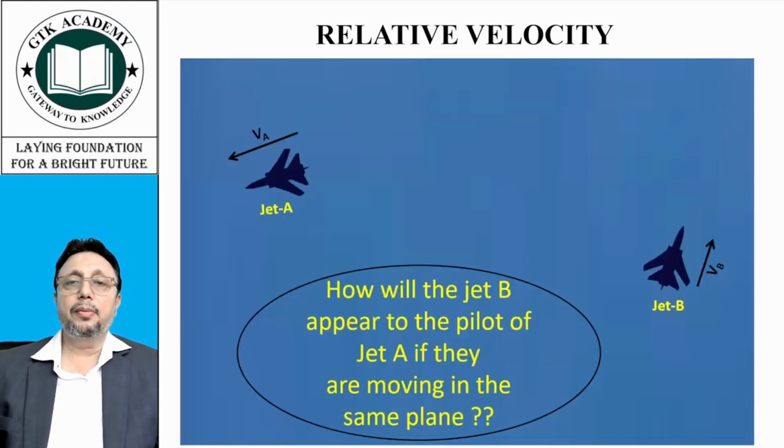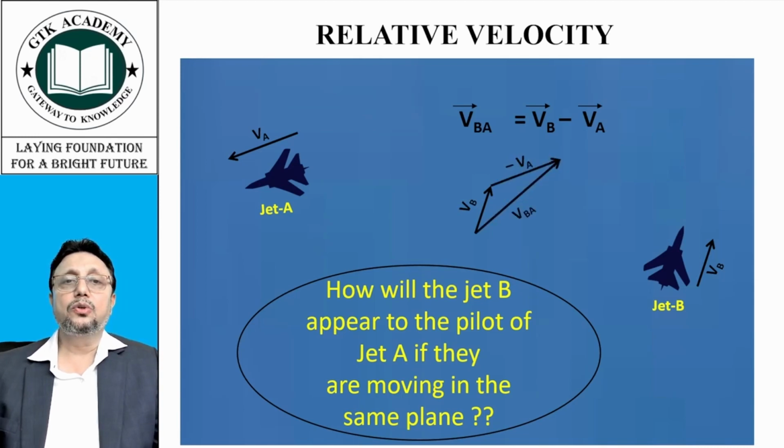Now coming to an example of jet, velocity of B relative to A, meaning velocity of jet B relative to the pilot of A, is VB minus VA. So this is VB and this is minus VA. So this is VBA, that means velocity of B relative to A. So I'll put the arrow here.